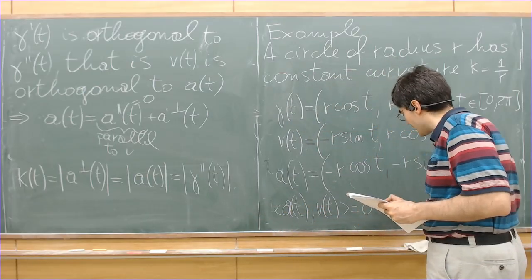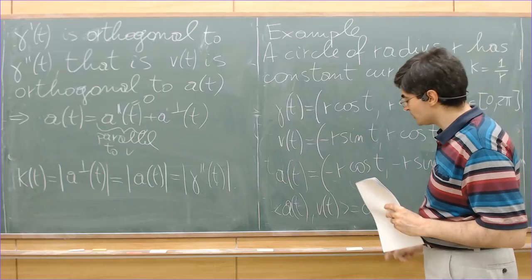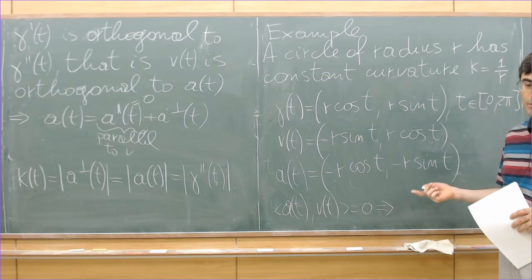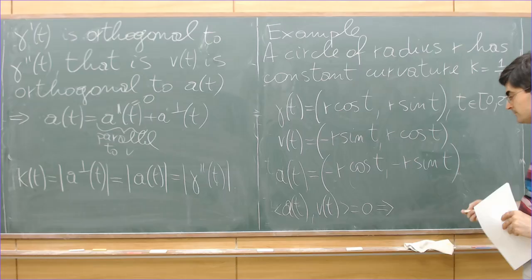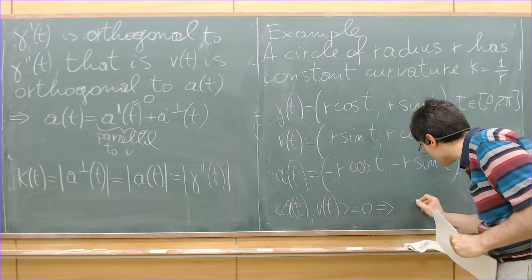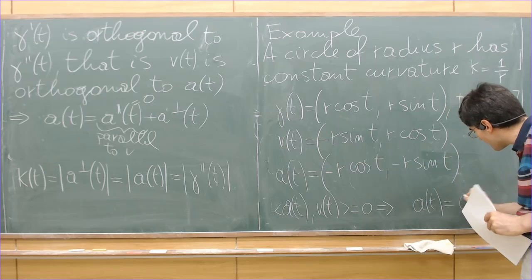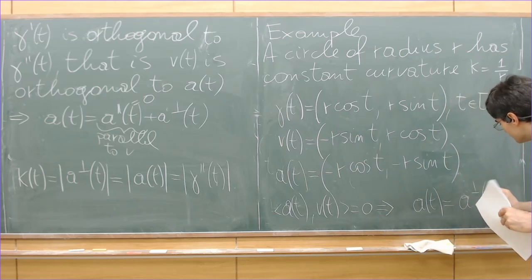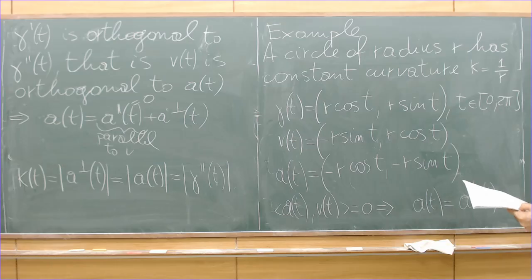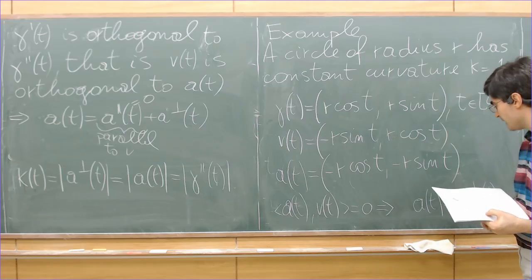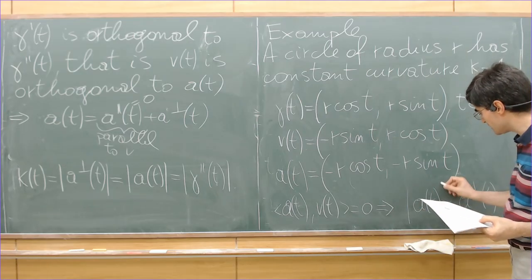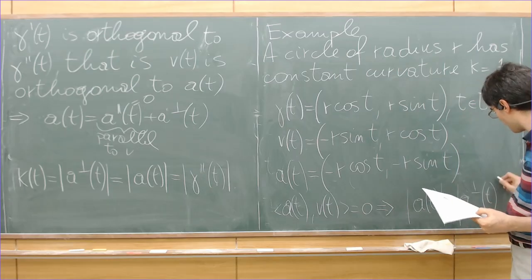So once again, exactly as in the case of curves parameterized by arc length, we have that a of t coincides with a orthogonal of t. And of course their lengths as well.